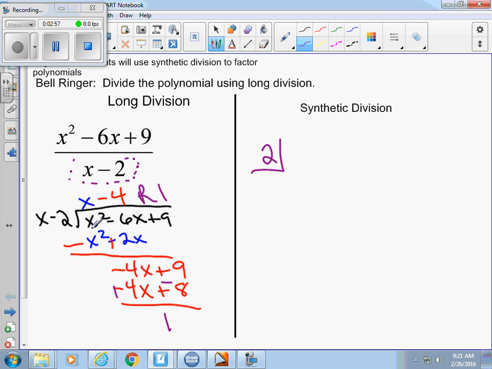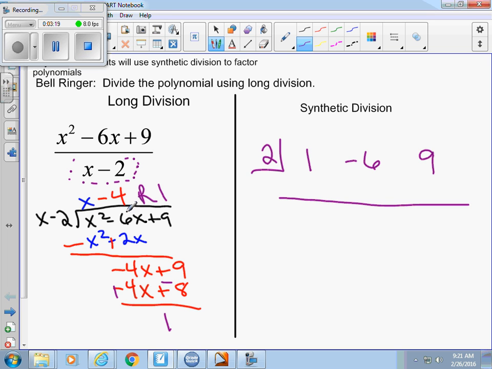And then they took the coefficients of the polynomial. Well, what's the first coefficient of the x squared? 1. What's the second one? And the third one? And then they just pretty much started taking shortcuts. But it led to synthetic division, which is a nice shortcut.